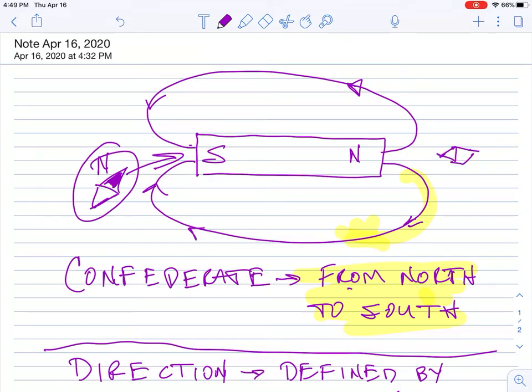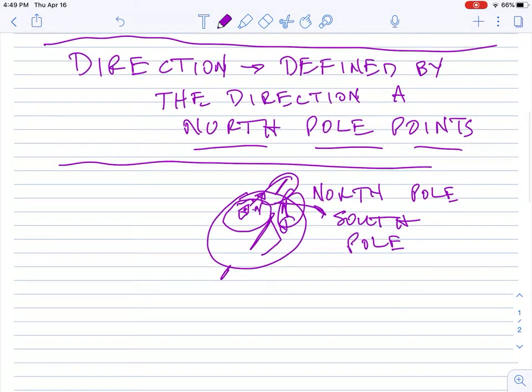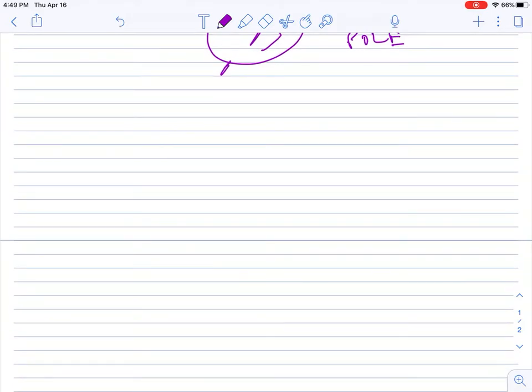If I try to bring that north end of the magnet here, it's going to repel and go in the opposite direction. That's what I want you to get out of this. Now, don't flip out and go, oh, we've been lied to. No, you haven't been lied to. It's just how we define magnetic fields. Don't worry about it.